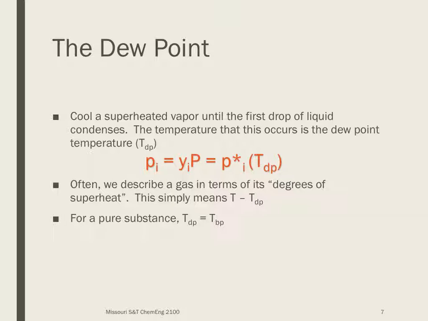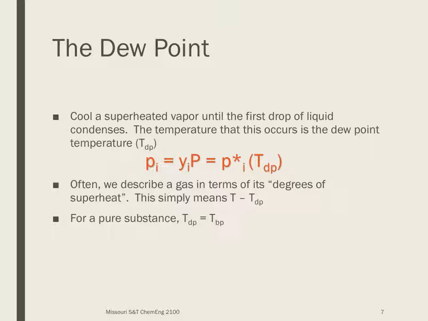One second thing, and the title for the slide is probably bad. Sometimes we're going to talk about a gas, and especially when you look at older materials, it's much more common for the old-timey engineers to talk about a gas in terms of its degrees of superheat. Whenever they do that, all they are saying is that the temperature is that many degrees hotter than the dew point.